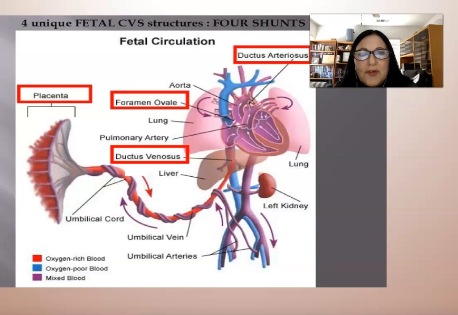So I'm going to list the main structural differences that allow this circulation, and then we'll elaborate on them in a bit. The first one is the placenta. Then we have the ductus venosus over here. And then we're going to have something called the foramen ovale. And then last but not least is the ductus arteriosus.